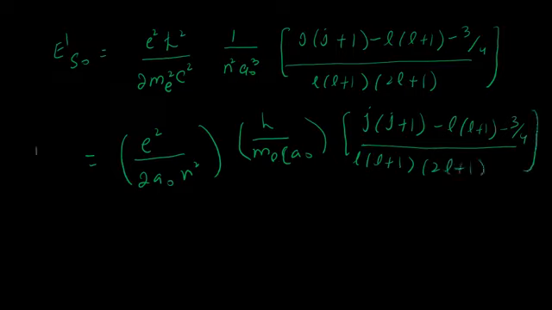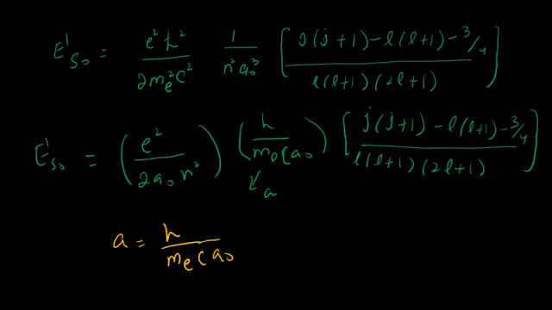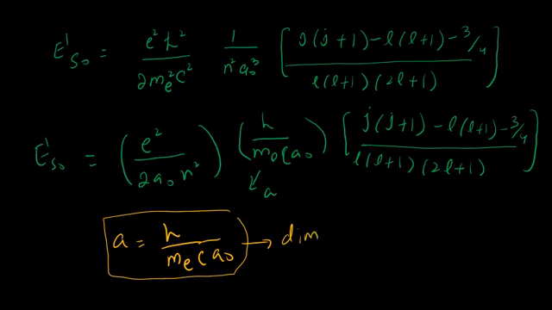So this is our spin orbit coupling value. This term can be represented by α, and we can write it like e²/(ħc), a dimensionless constant, and it is known as the fine structure constant.